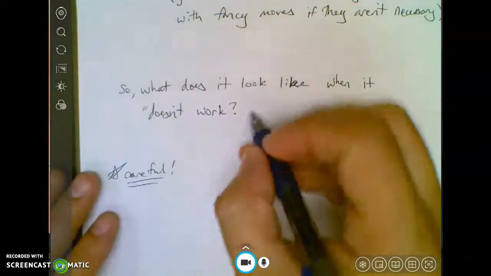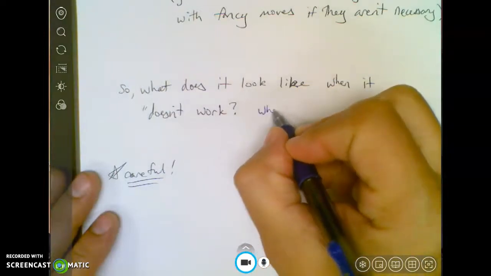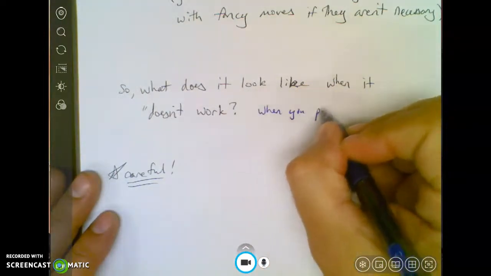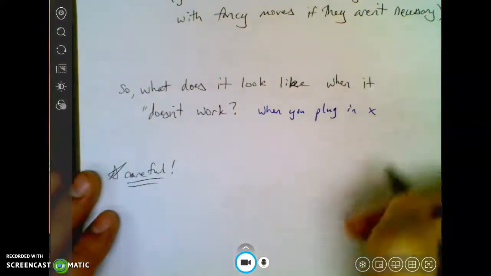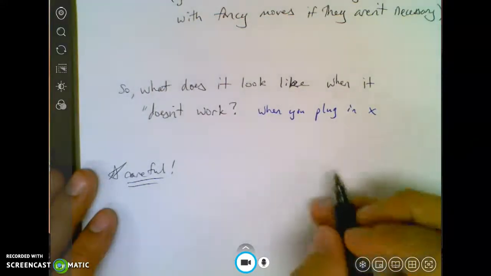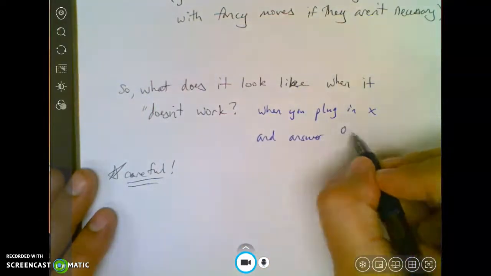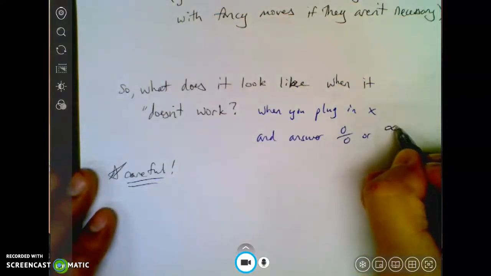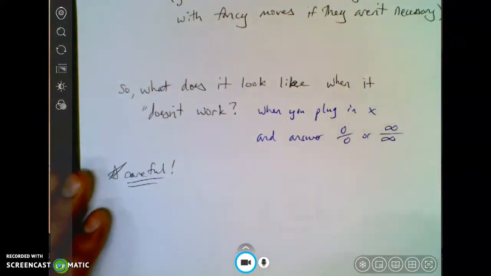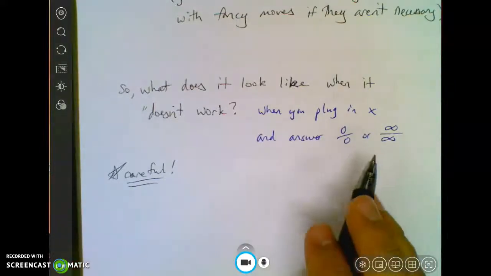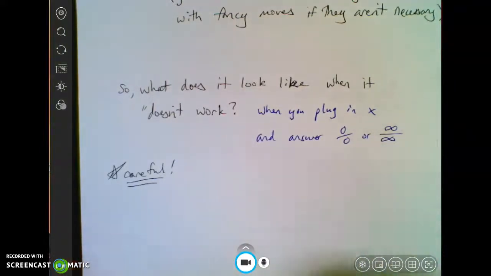Well, when you plug in the number for x and the answer is 0 over 0 or infinity over infinity, it's called an undetermined case or an indeterminate case. It doesn't mean the answer is 0 or infinity, or it could be any answer. It means you don't know the answer and you need to do more work.